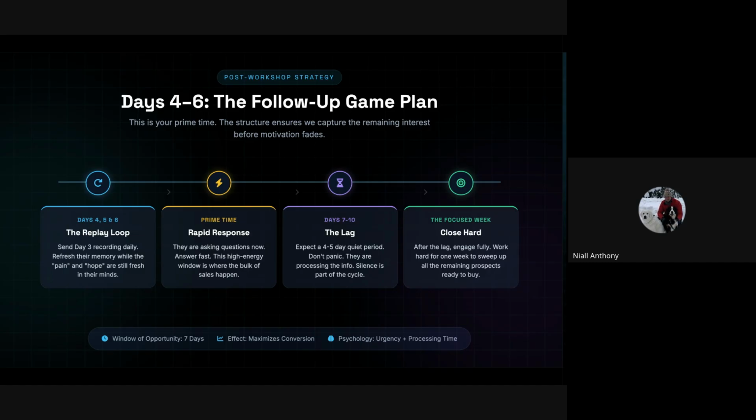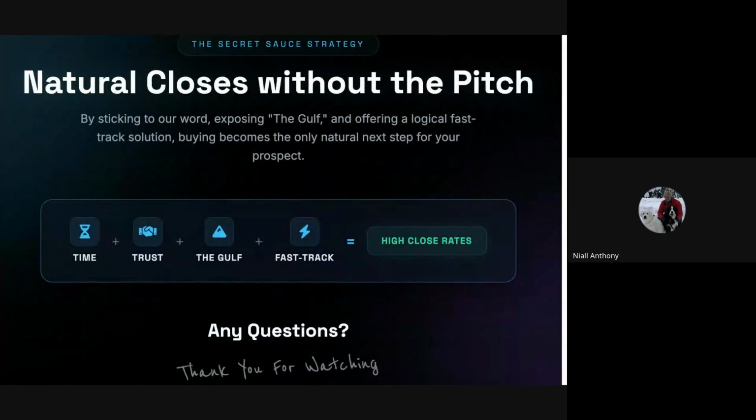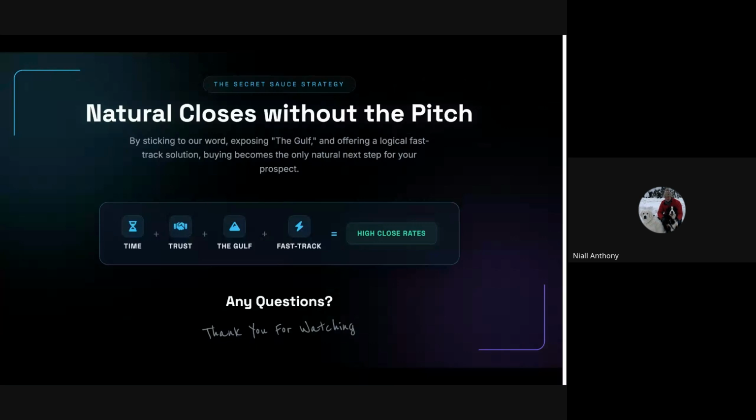The reason this works is because of the time spent, the connection, and the psychological positioning we put the prospect into here. It's incredibly powerful. And that is how we construct day 3 and lead to the pitch. And that is the magic behind it.